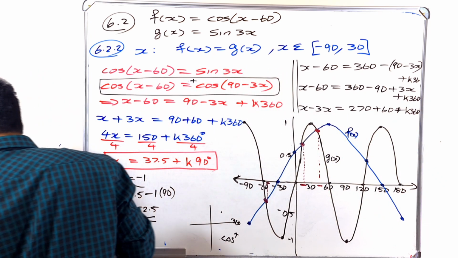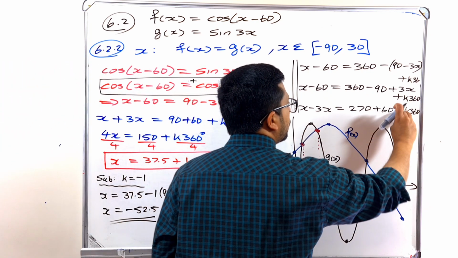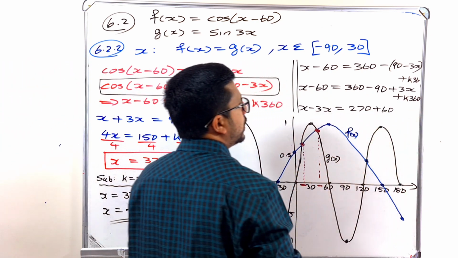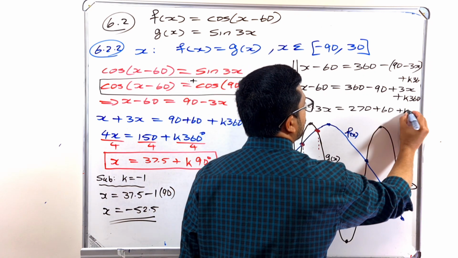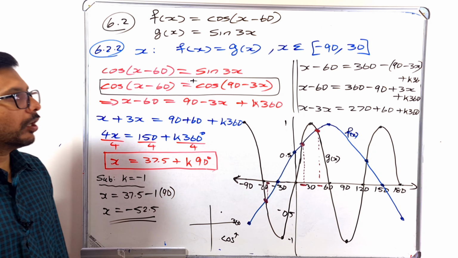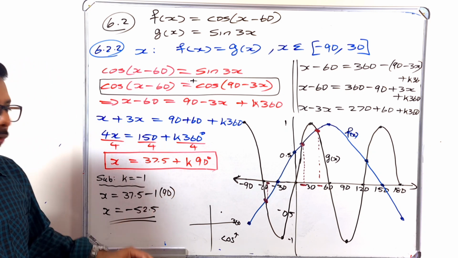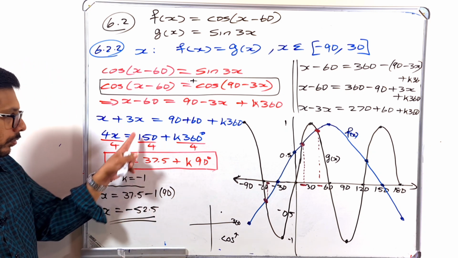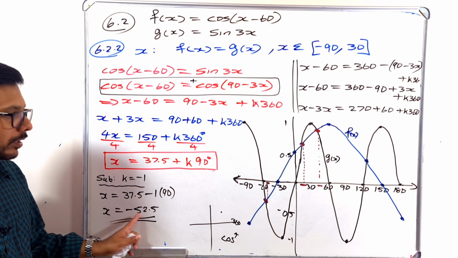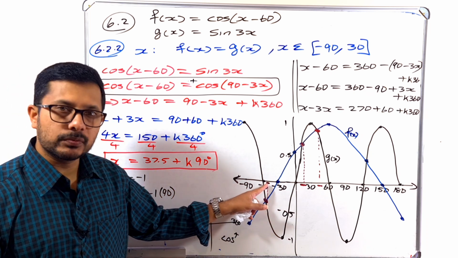Okay, so here it is plus k 360. Okay, so now we have to simplify that one. Before I go to that one, pause the video and write this one. We got one answer, x is equal to minus 52.5.